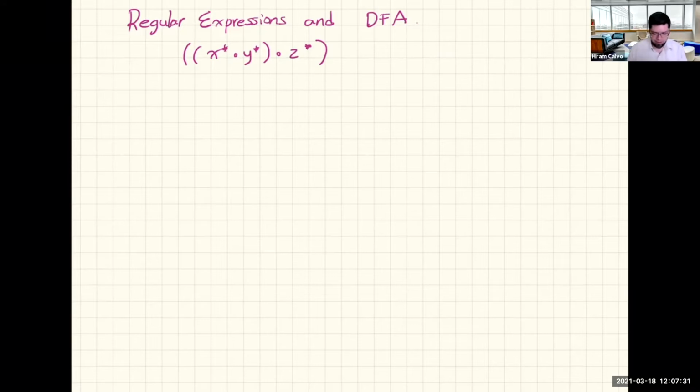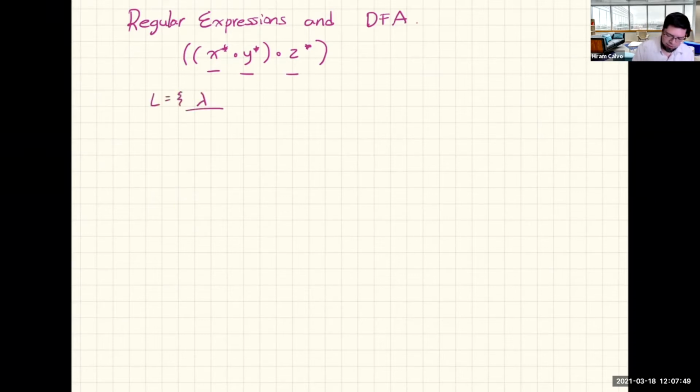Oh yes, that's a good question. Actually, what you mean is that if we have 0 occurrences of X and then 0 occurrences of Y and 0 occurrences of Z, then we have the empty string, which we represent by using this lambda, as we said before.